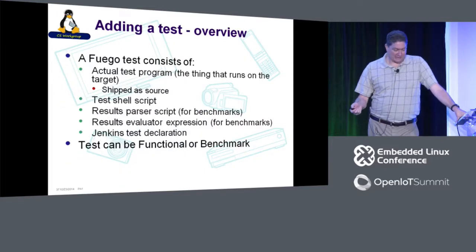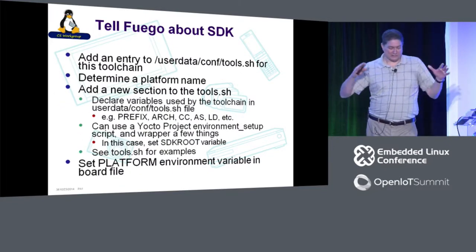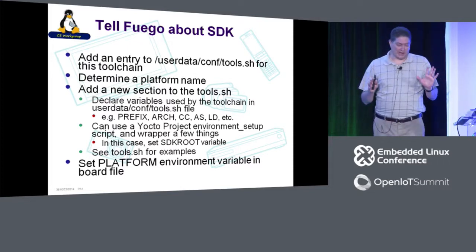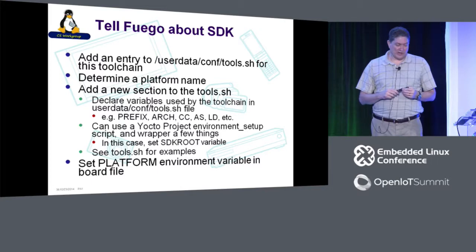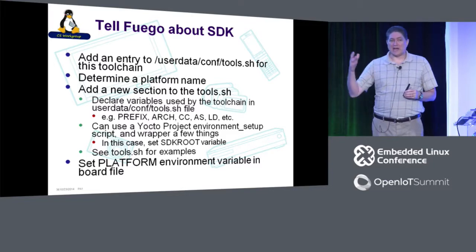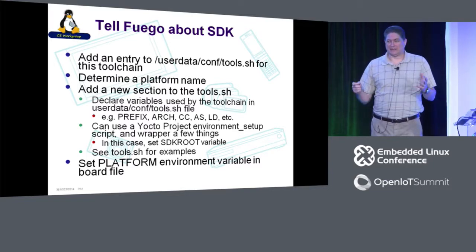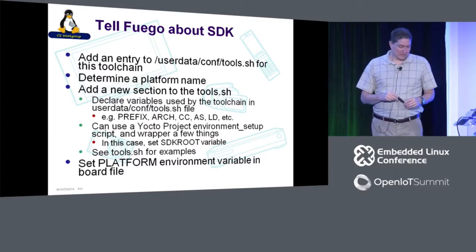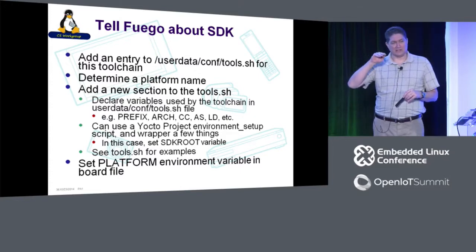And then again, because you've got this kind of dual mode thing, you have to tell Fuego about that SDK. So you have to add the entry for that new SDK you just installed in tools.shell. You have to decide on a name you're going to use for it. On mine, I called it Poky SDK. And then you go to the tools.shell file and add some environment variables that tell you where it's at.